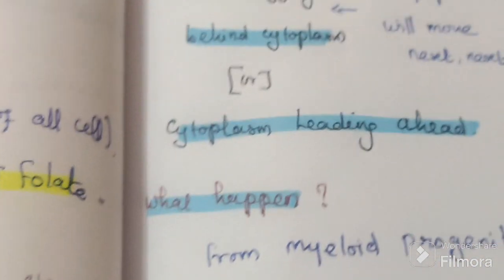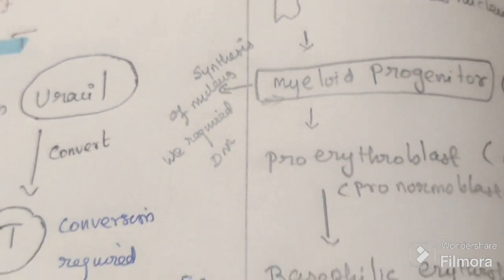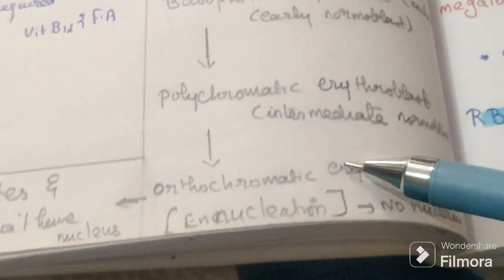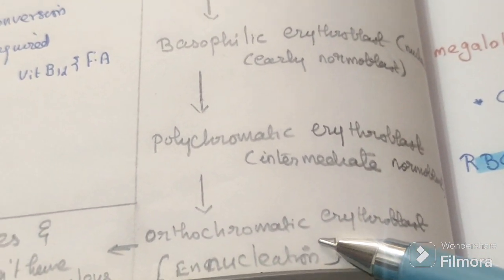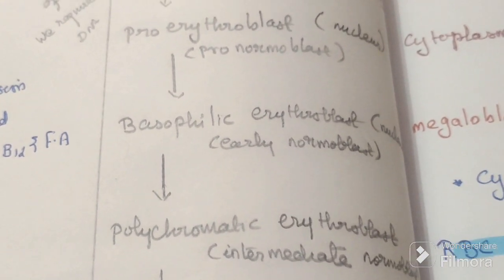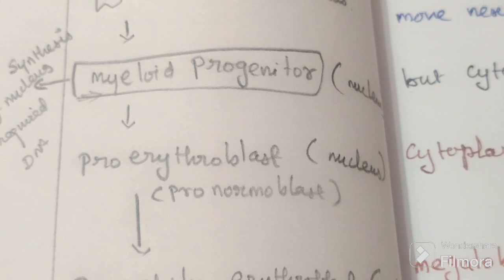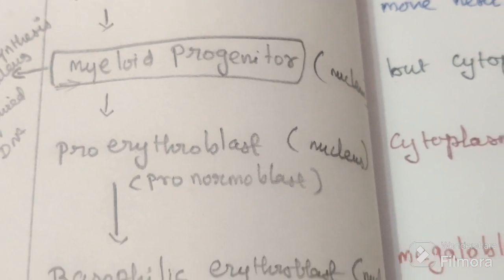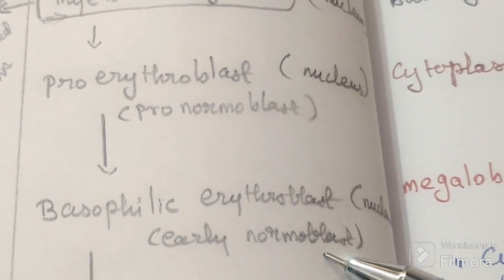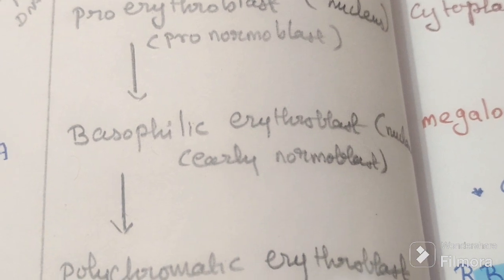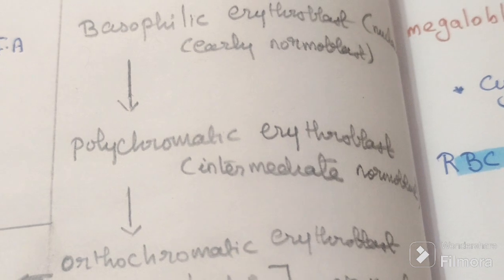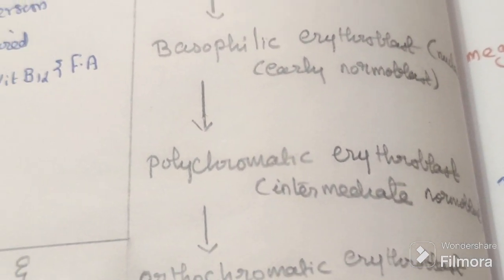The cytoplasm will move to the next stage. It will go to the pronormoblast, then to the early normoblast, then to the intermediate normoblast, and lastly the late normoblast.